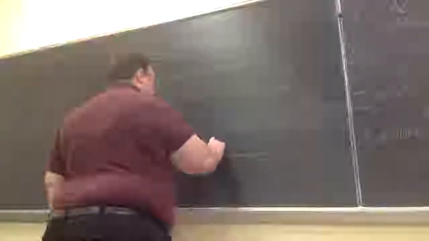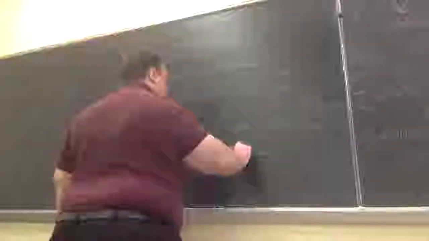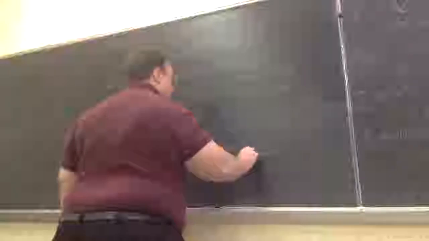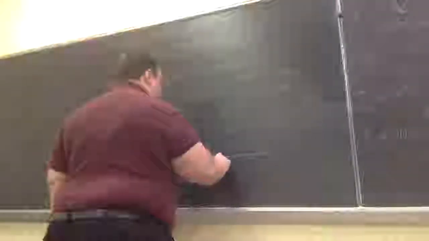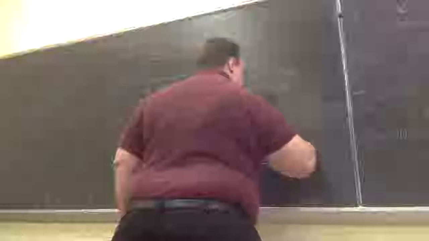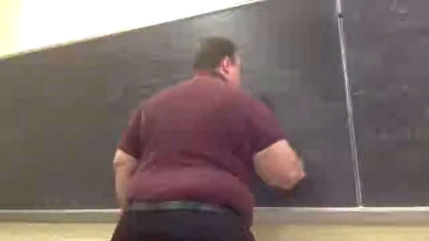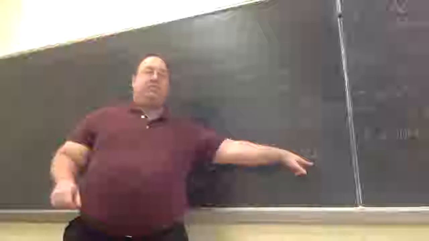It's called a center difference, all over delta x squared. So my uxx is equal to this center difference plus some error, and I write big O of delta x squared.